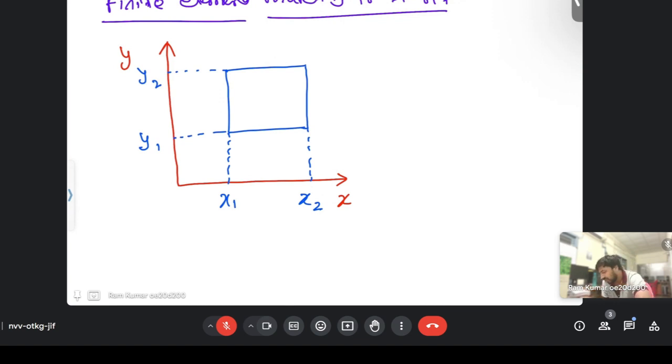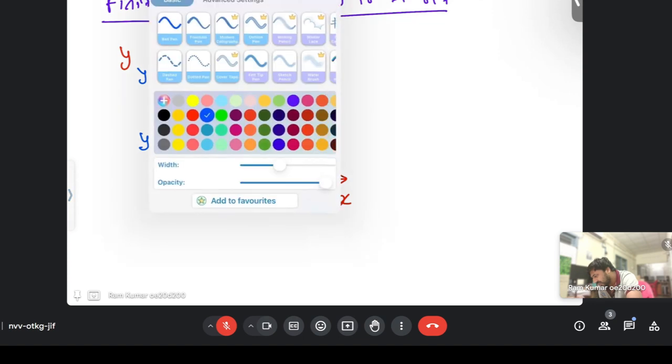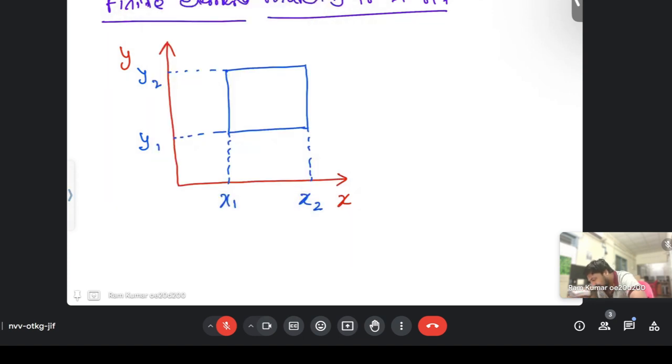Okay, so how many nodes does it have? It has a total of 4 nodes. So node 1, node 2, node 3, node 4.